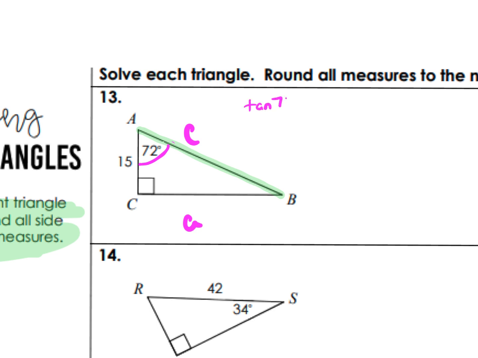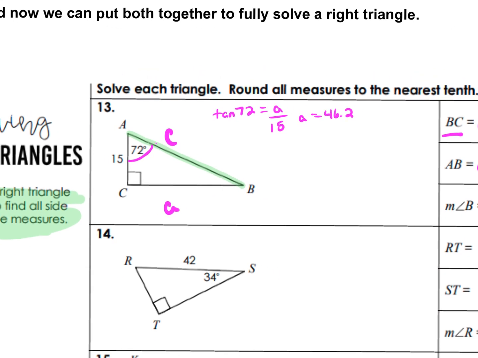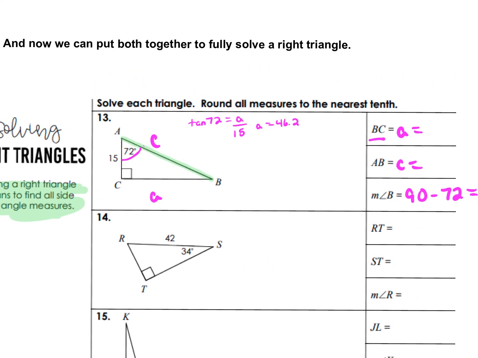So tangent of 72 is going to be equal to A over 15. And so then to solve for A, we're going to multiply by the 15. We're going to do 15 times the tangent of 72. So for A, what do we get? 46.2. So that's side A.